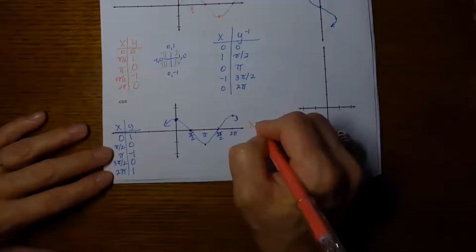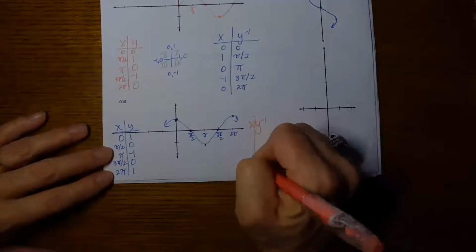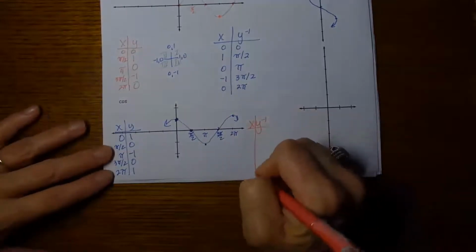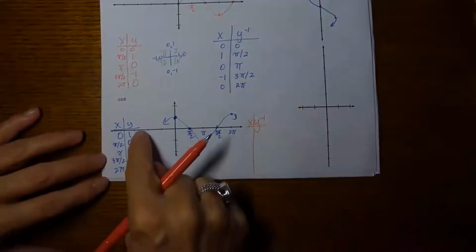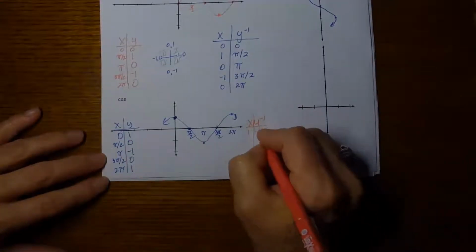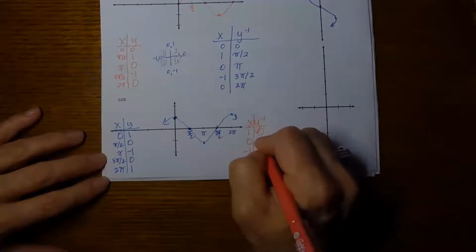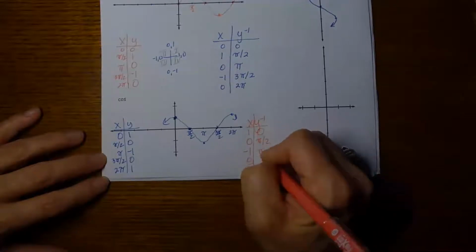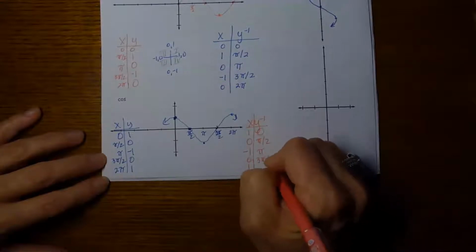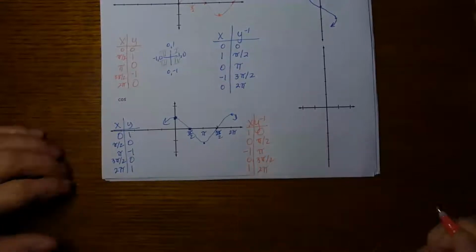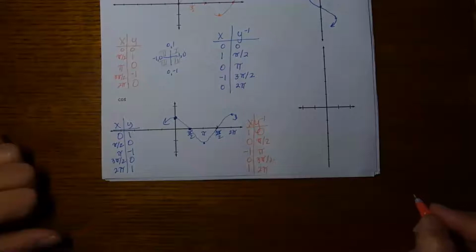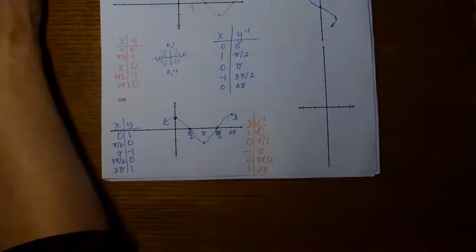So what is the inverse going to be? What are the points on the inverse? All we have to do is switch these, right? 1, 0. Right? Is that good?